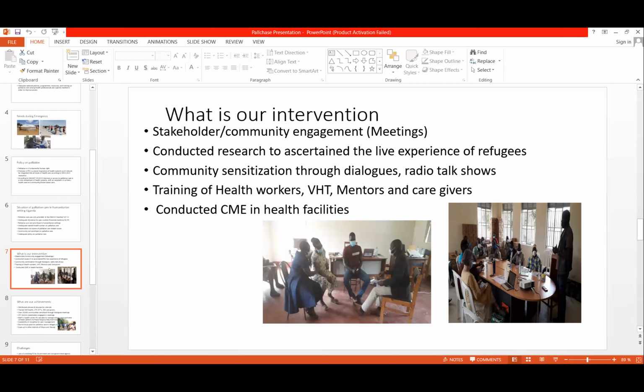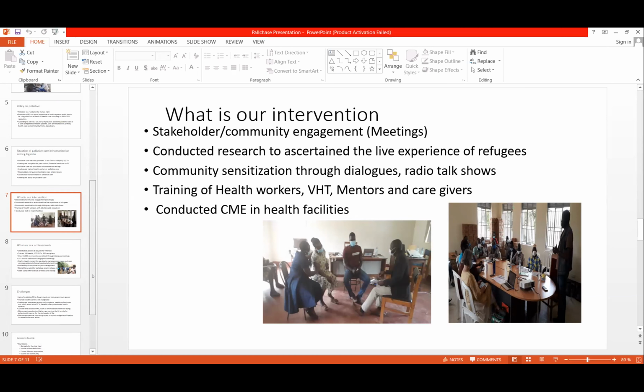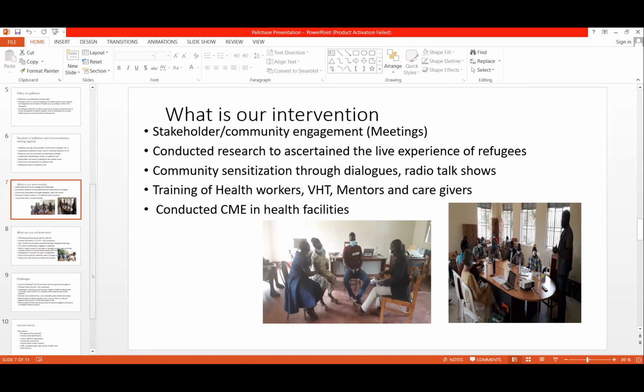So we trained them also. And we conducted CMEs in all facilities, even after these trainings. And we had an opportunity then to do mentorship, support, supervision within the facilities that we've trained to the health workers. Did we make achievements?